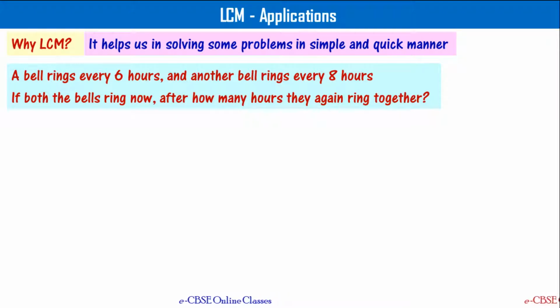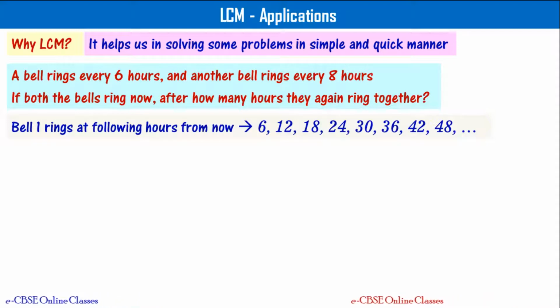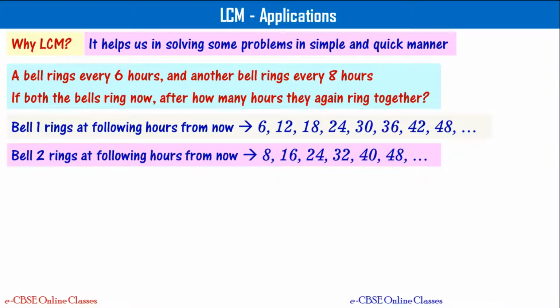To answer that, you write that bell 1 rings at the following hours from now: 6, 12, 18, 24, 30, and so on, right? Since bell 2 rings every 8 hours, it is going to ring after 8 hours, 16 hours, 24 hours, 32 hours, 40 hours, and so on, right?